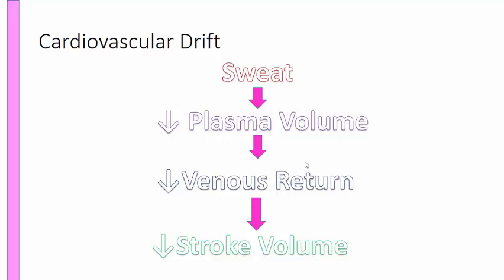So stroke volume is going to continually decrease. Over time, if you're exercising long enough in the heat, your heart rate will stop increasing, but your stroke volume will continue to decrease. So then what's going to happen to cardiac output? It's going to decrease. Eventually, you will have a decrease in cardiac output and a decrease in athletic performance.